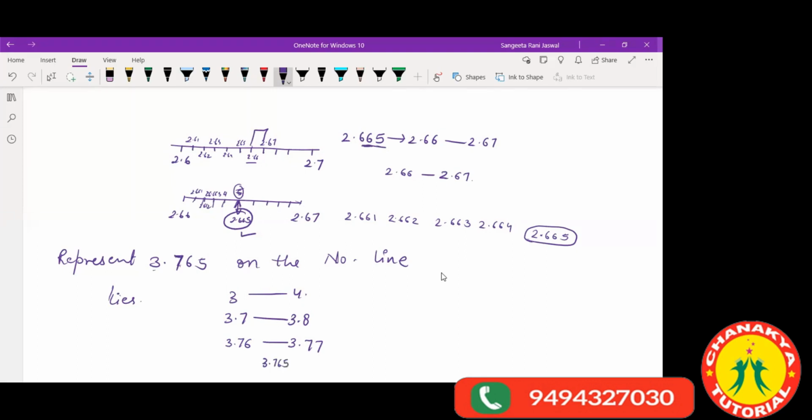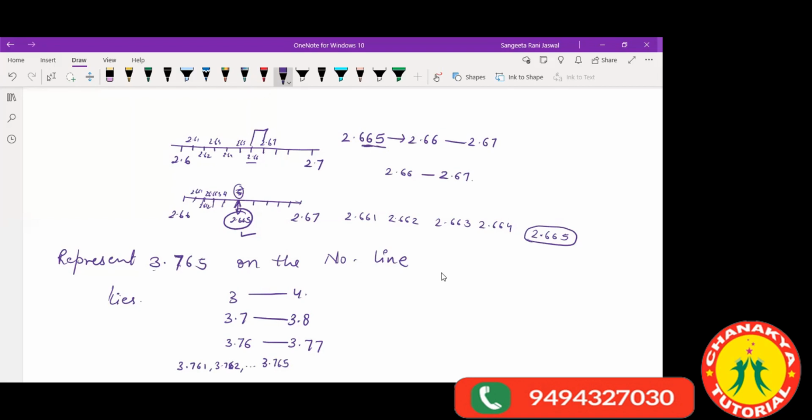So 3.765 lies between these. How did it start? 3.761, 3.762, and so on, and we reached 3.765. Okay, children? So you understood this much?